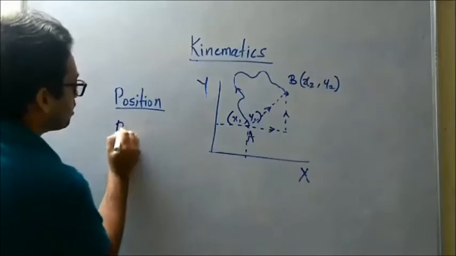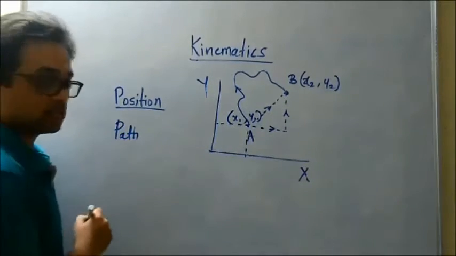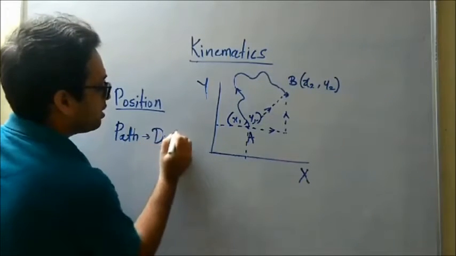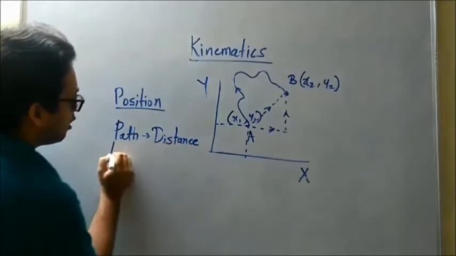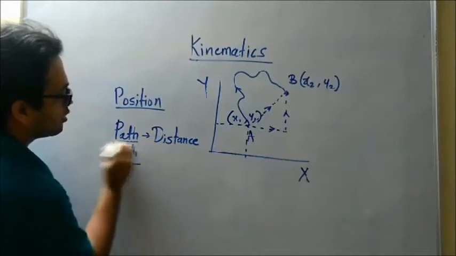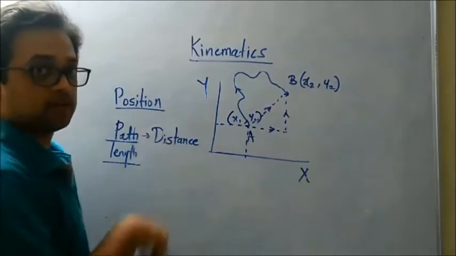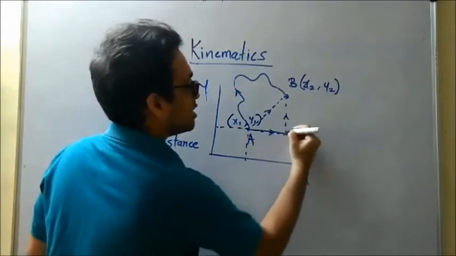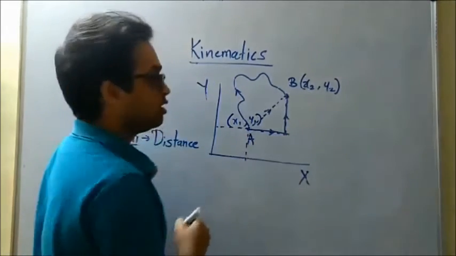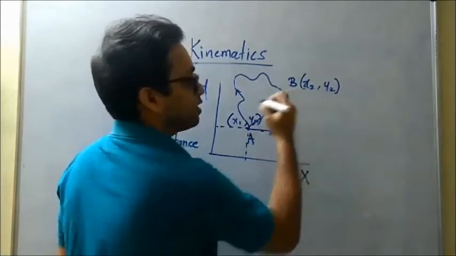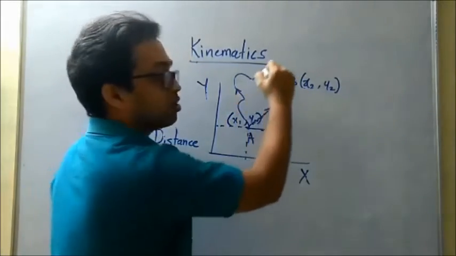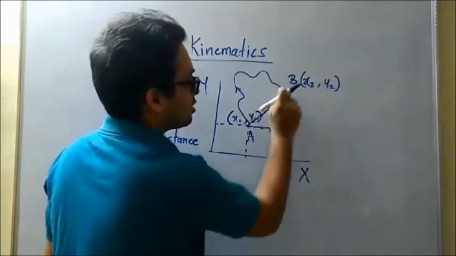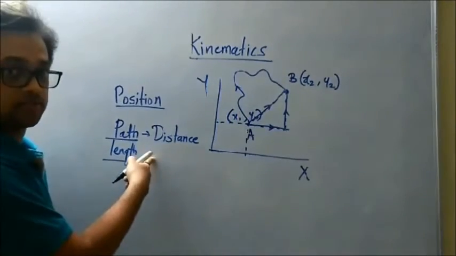So with the path that the object takes, we will get distance as the length of the path. So path length is our distance. In this case, our path length is this plus this. In this case, it's straight. And in this case, it's a curved path.